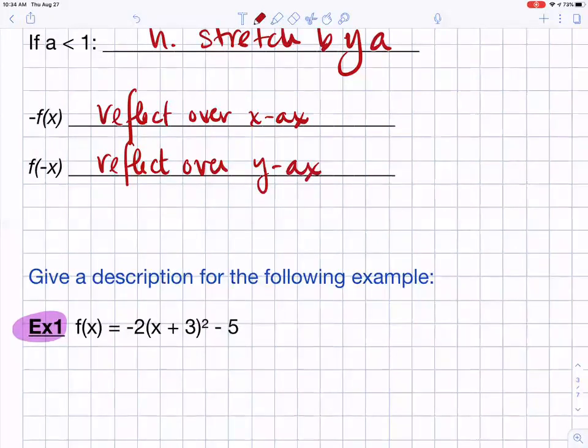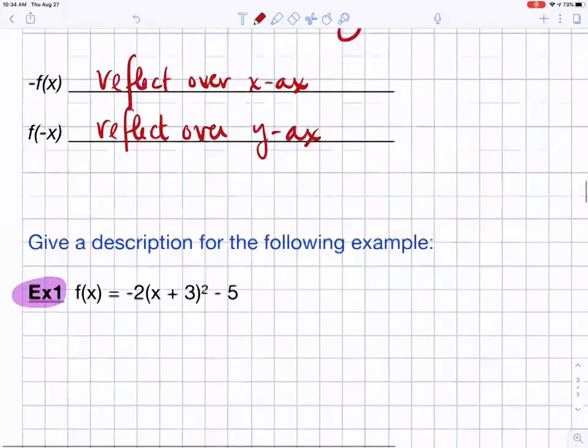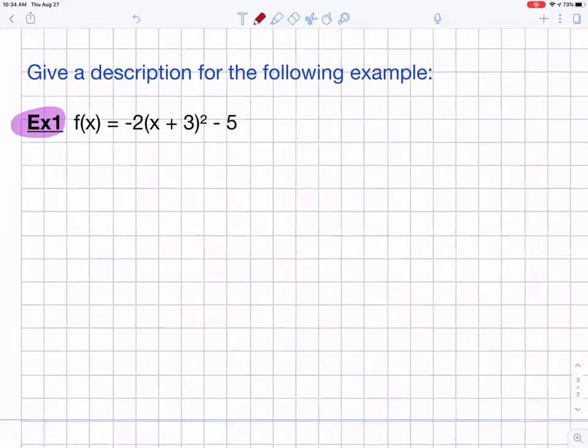All right, let's put it all together then. Notice that the directions here only ask you for a description. You're not doing any graphing, don't worry, we're gonna get there, okay? But all you're being asked for is a description. So just describe to me in words what's happening.